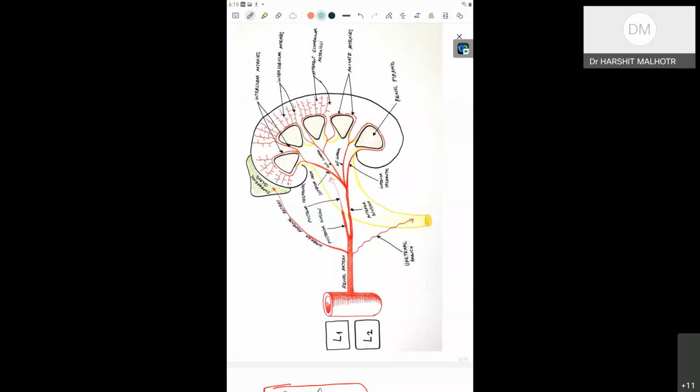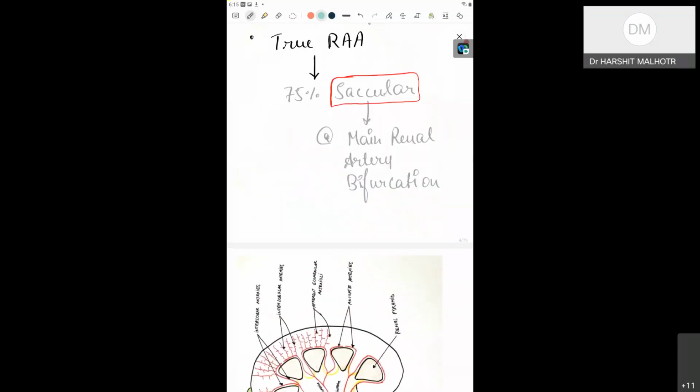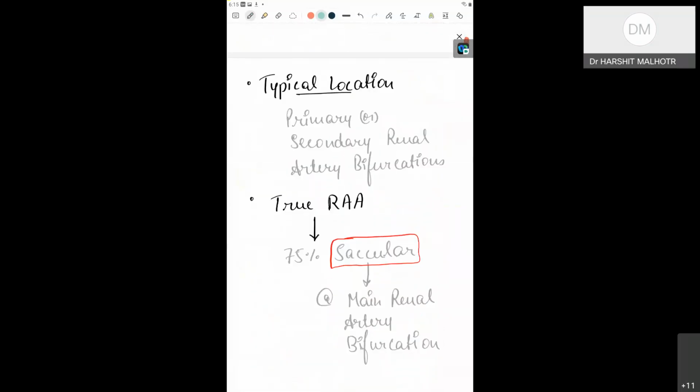And hence it goes around the periphery of the renal parenchyma, and hence it supplies the renal cortex and medulla in general. So the most common place, the typical location of true aneurysm is primary or secondary artery bifurcations.